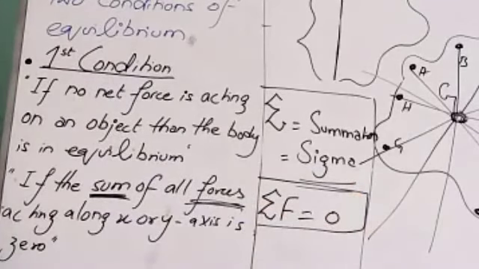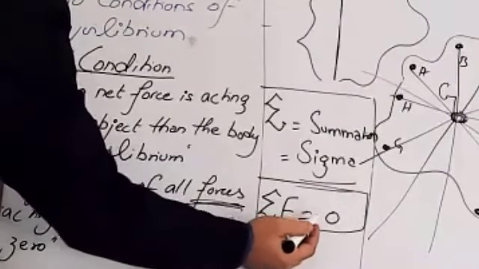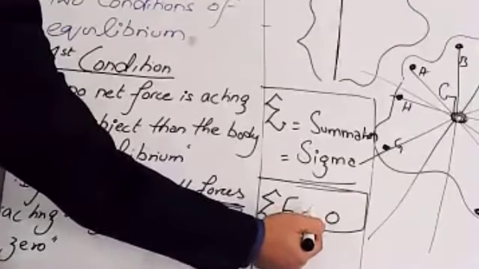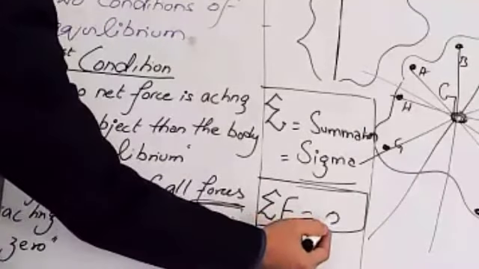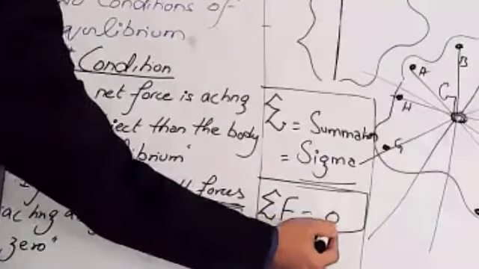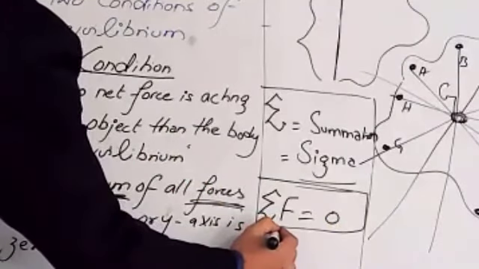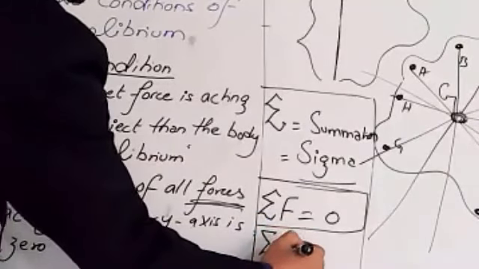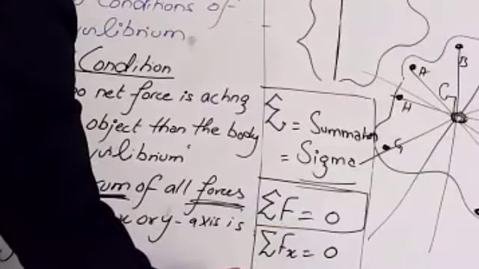For force, it is the sum of all forces acting along the x or y axis. Right now we are not taking the x or y axis. Generally we write the first condition in this form: sigma F is equal to 0, sum of all forces is 0, then the body fulfills the first condition. For the x axis, you write sigma Fx is equal to 0. Sum of all forces acting along the x axis is 0, then it fulfills the first condition.